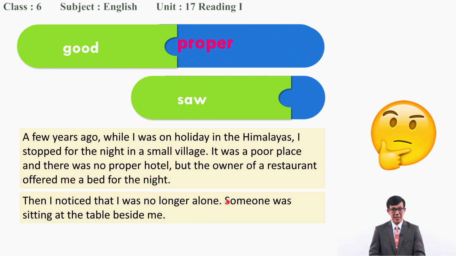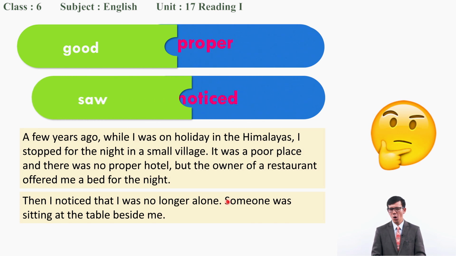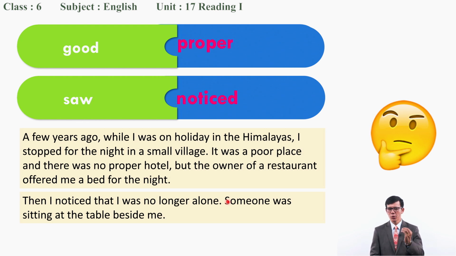Very good, that's correct. Good is proper, right? And another word, saw, is noticed. I noticed that I was no longer alone. So the word noticed is similar to the word saw.